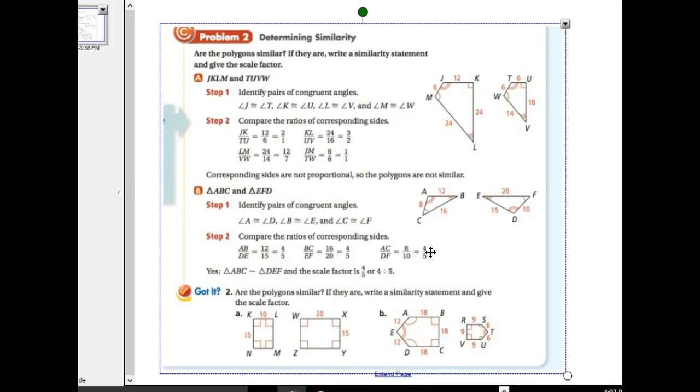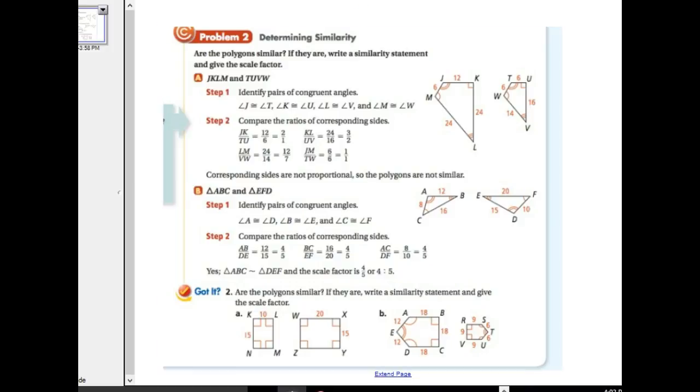Since they are all the same, then, and I want you to notice something, triangle ABC is similar to triangle DEF, and that is called a similarity statement. That's the way you have to write them, and the way that you write the letters does matter. So be careful when you're doing that.